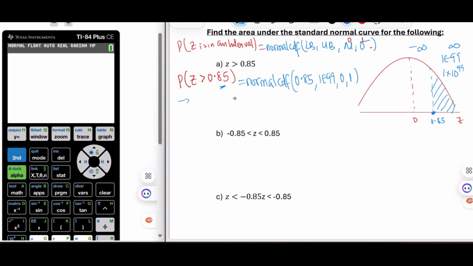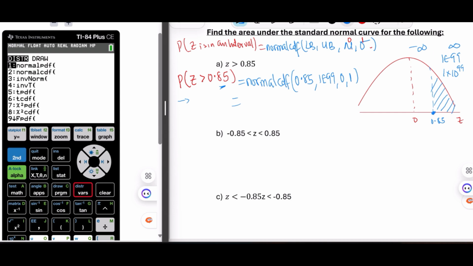Now let's see the probability or the area that falls in this region. To get that from your calculator, the first thing you have to do is press the second button, and here you go to the distribution. Then let's come straight to normal CDF, which is the second in this line. Now, what is the lower boundary? We have 0.85.